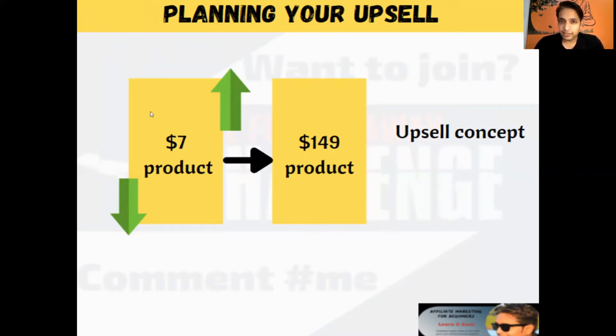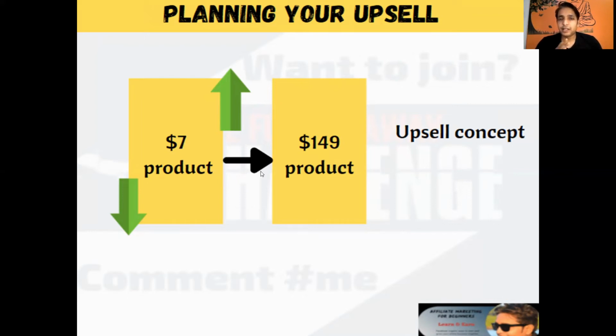They will buy this, and then they will be sent to the next page, which is the upsell page. On the upsell page you can offer a product at $149, or at a higher price than our $7 product.